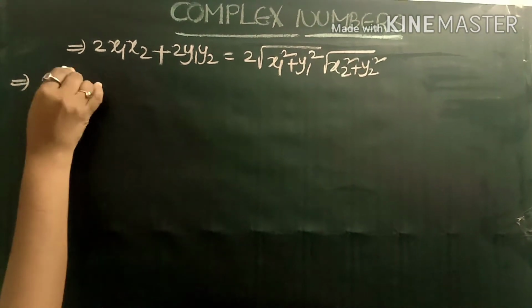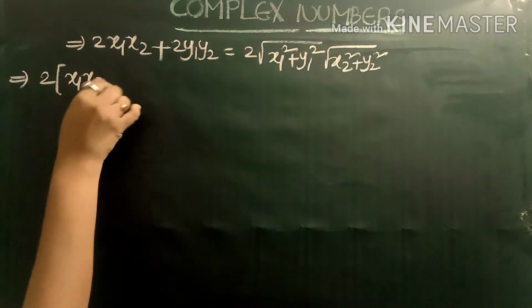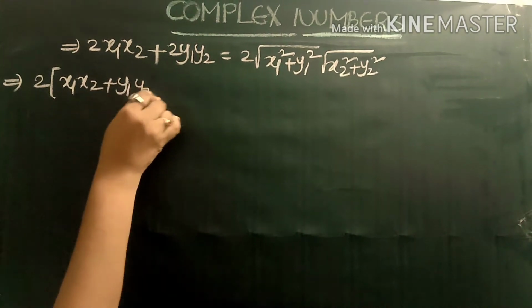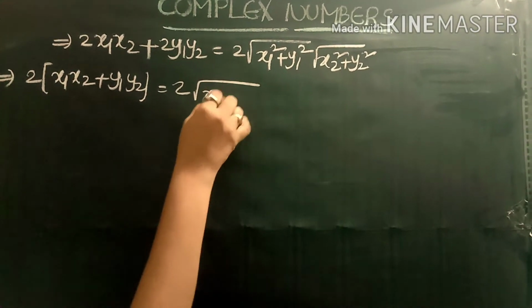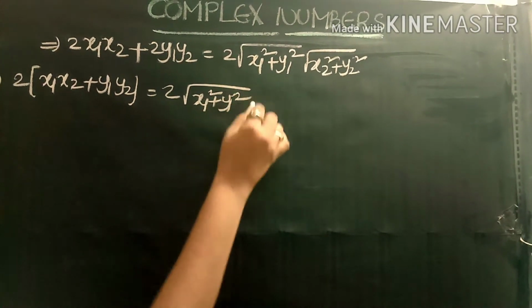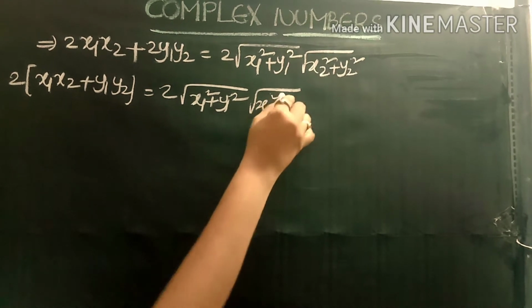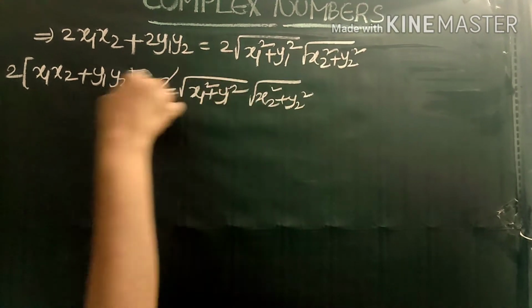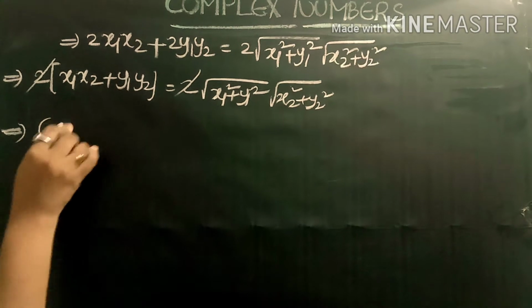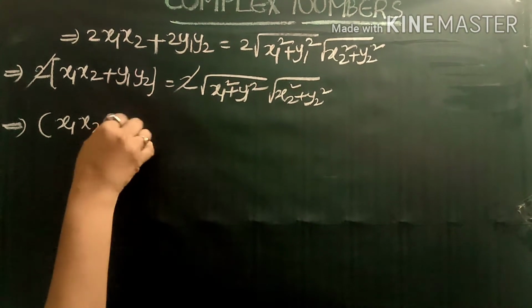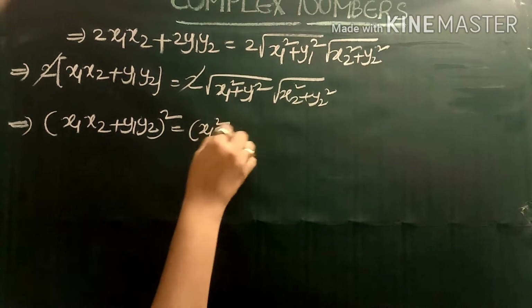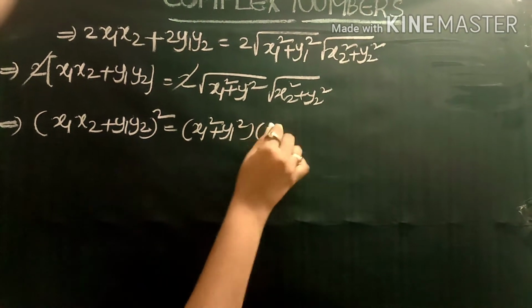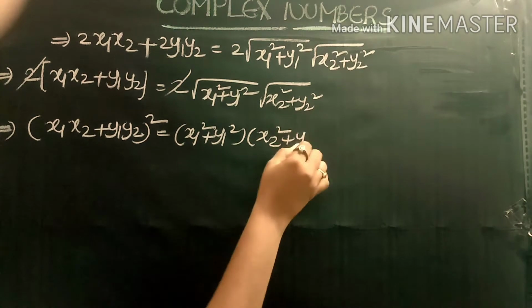Now taking 2 common here, 2 into x1x2 plus y1y2 is equal to 2 into square root of x1 square plus y1 square into square root of x2 square plus y2 square. Again squaring on both sides, x1x2 plus y1y2 whole square is equal to x1 square plus y1 square into x2 square plus y2 square.